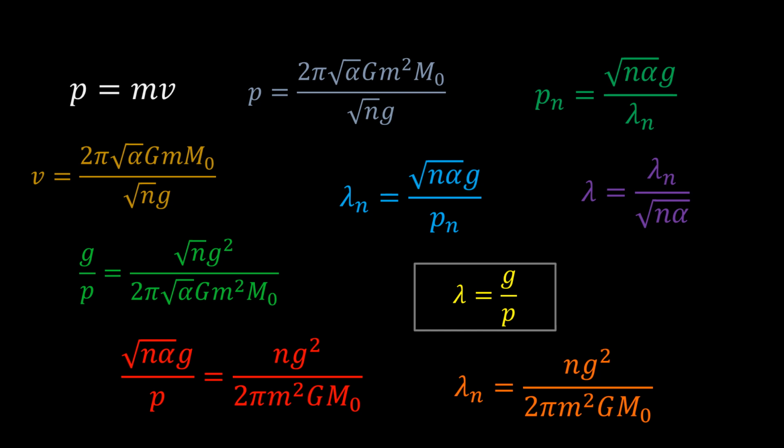Remember the equivalence of g and h. So for atomic particles, we can write lambda equals h on p, which is the de Broglie equation as you know it. So lambda is the wavelength that you will measure for that particle in the lab. And when you measure it, you will have no knowledge of the orbit the particle came from. This makes the equation h over p appropriate.